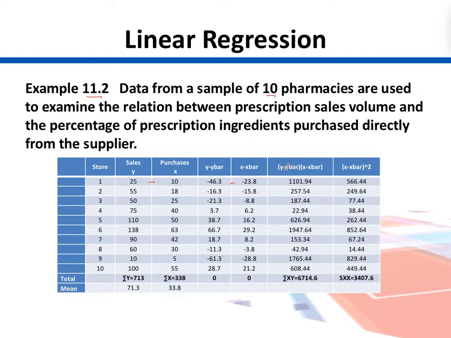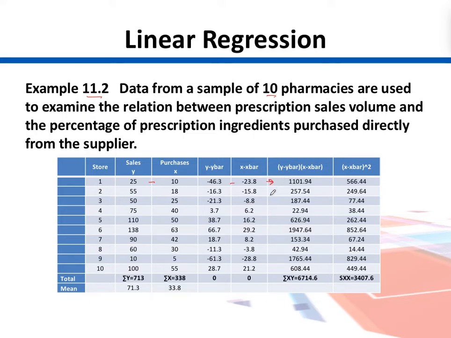In the same way we can calculate their cross product. We take the deviation of Y from Y bar and of X from X bar, and we multiply them, and what we get is called the cross product.